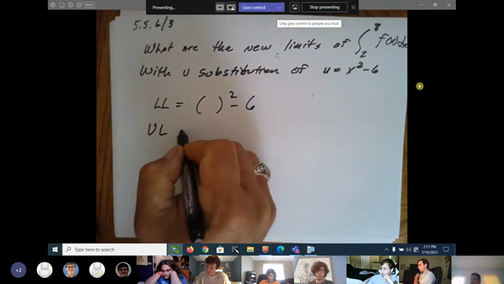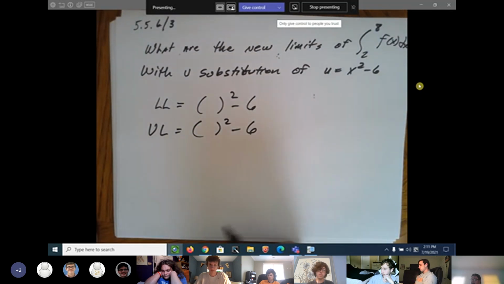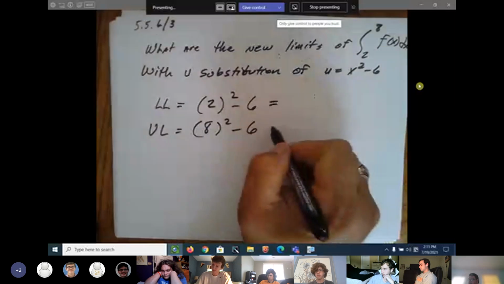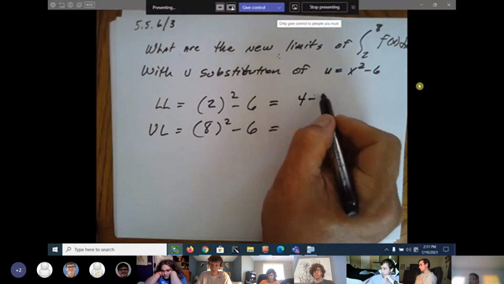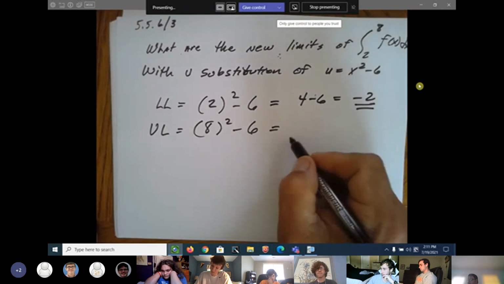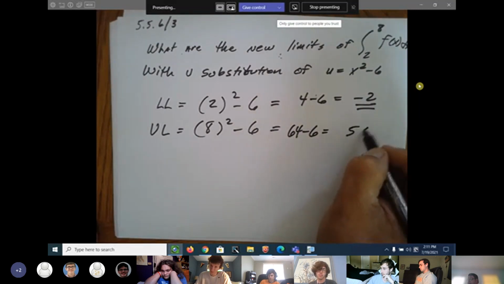Your upper limit is equal to parentheses squared minus 6. And your lower limit's 2, your upper limit's 8. 4 minus 6 is negative 2. 64 minus 6 is 58.